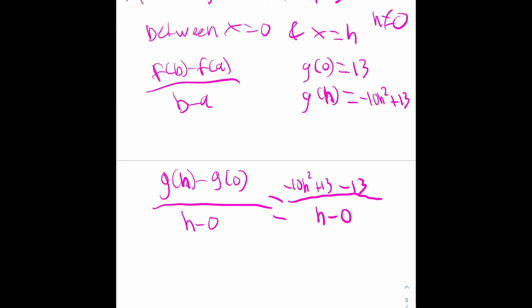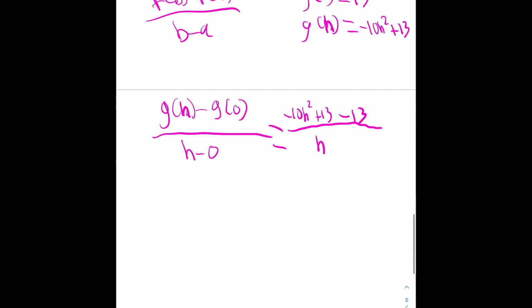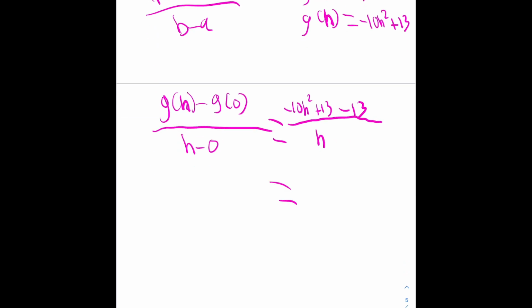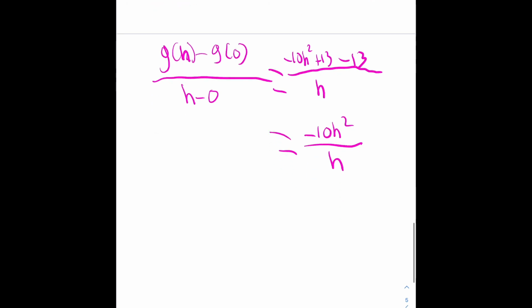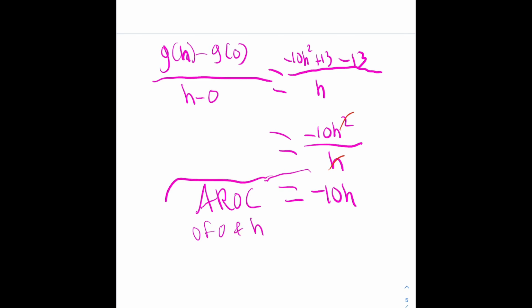H minus 0 doesn't do anything, so I'm just going to leave it as h. 13 minus 13 cancels out. I have negative 10h squared over h, which means that when h cancels out, my answer is just negative 10h. So the average rate of change of this interval of 0 and h equals negative 10h.